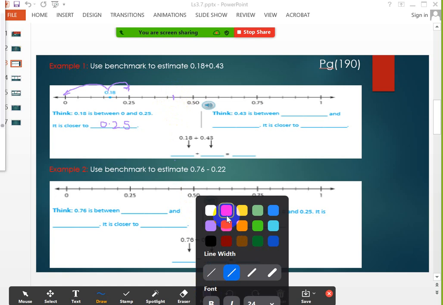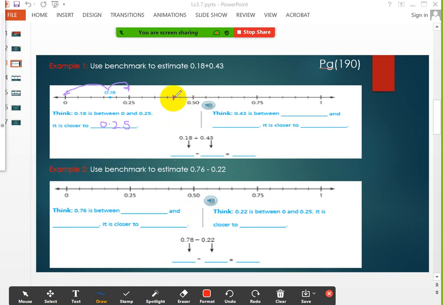Okay? So it will be between those numbers, and this is 0.43. Now I want to see it's close to which number? It's close to 0.5 or 0.25. Of course, it's close to 0.5.